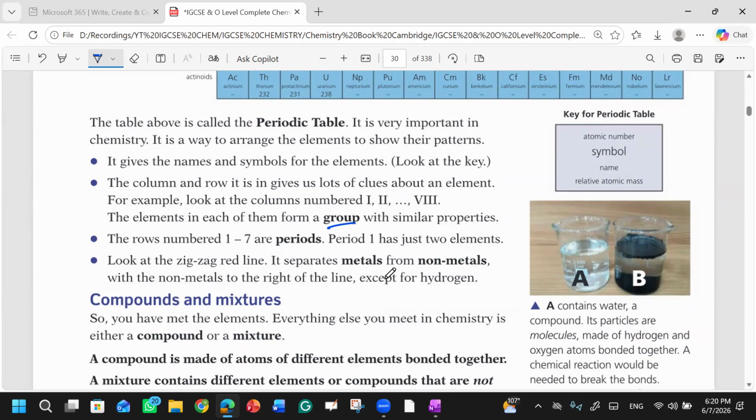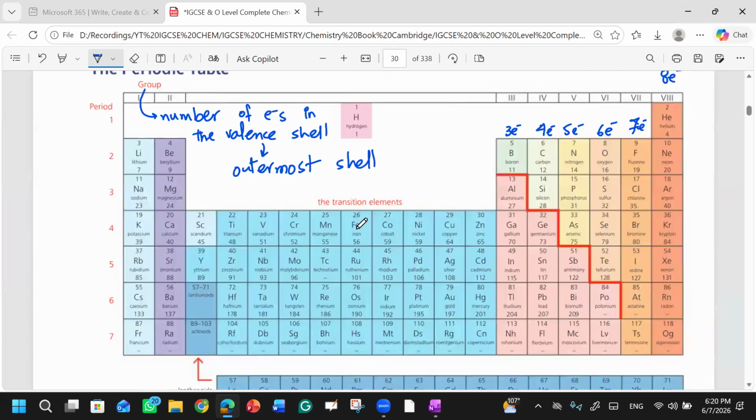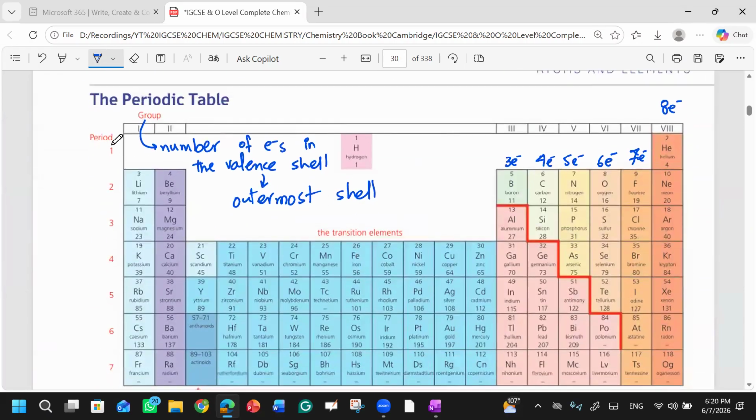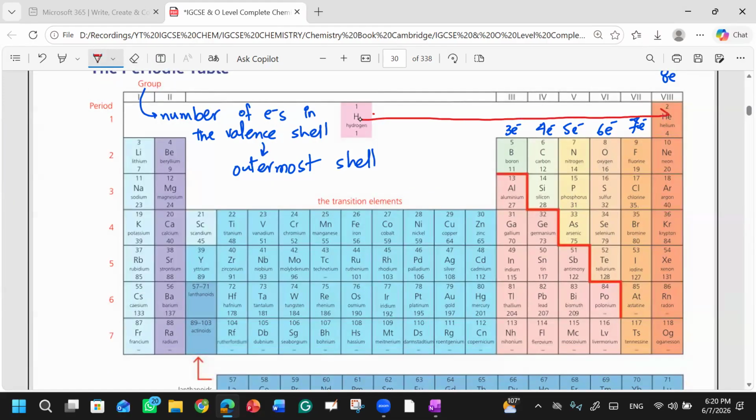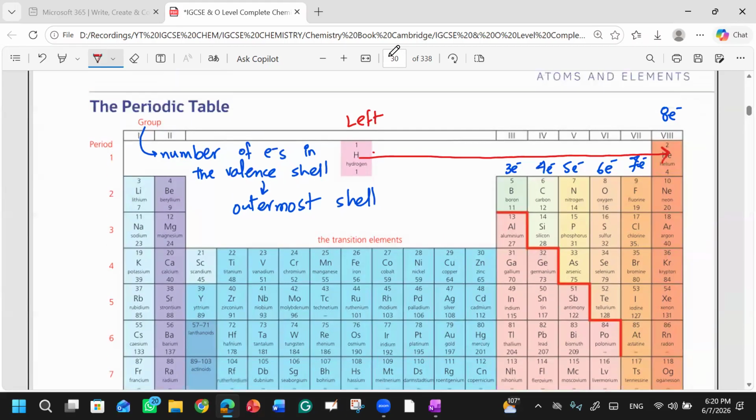How many periods are there in the periodic table? If you see, we have 7 periods over here: 1, 2, 3, 4, 5, 6, and 7. How are periods formed? They are formed from left to right.